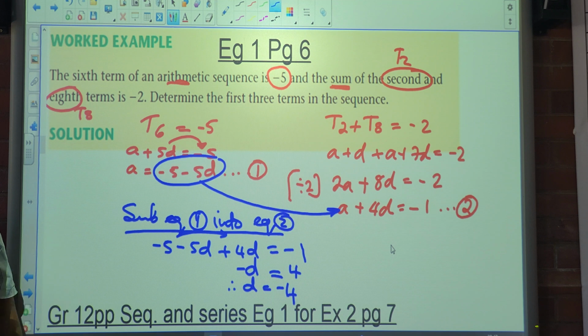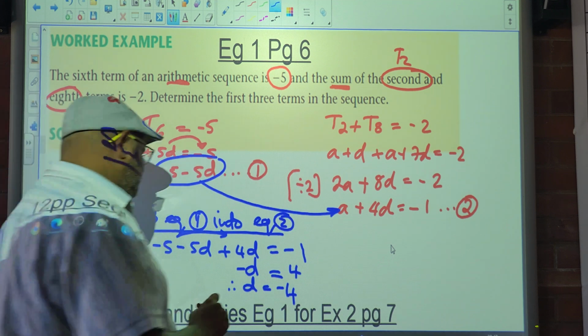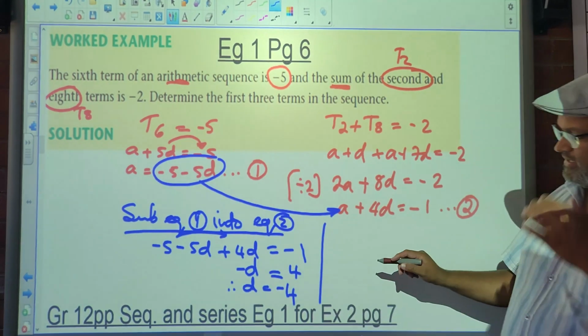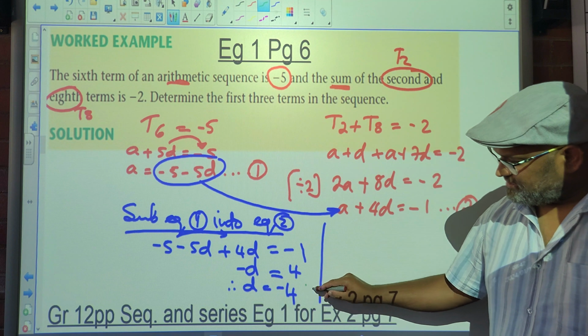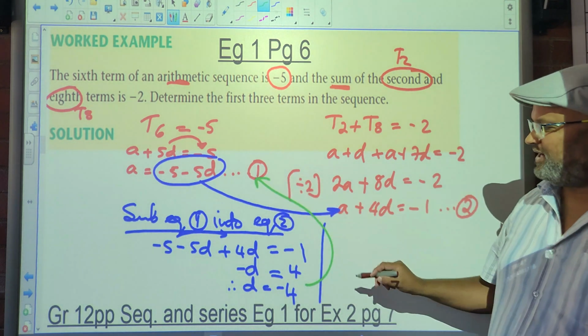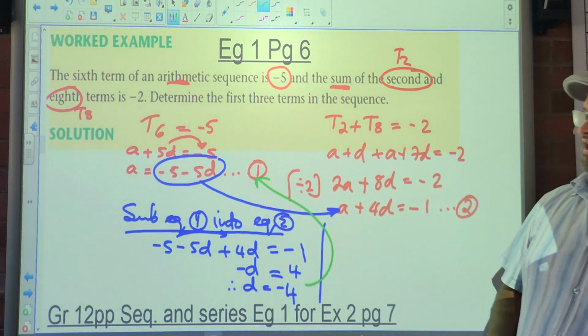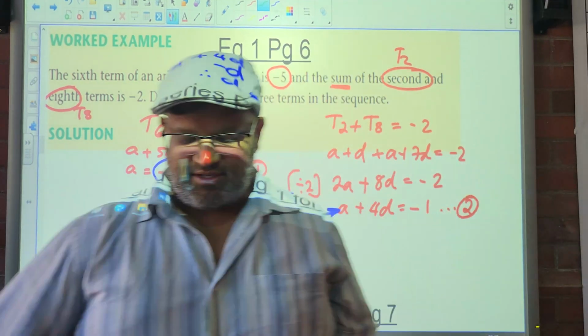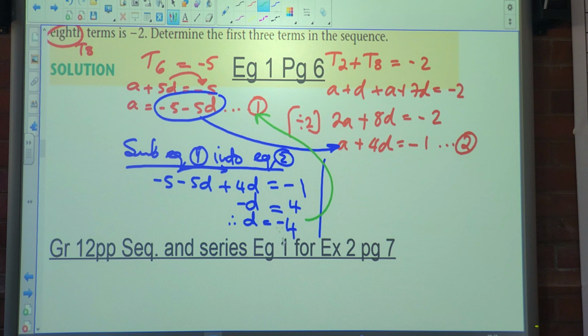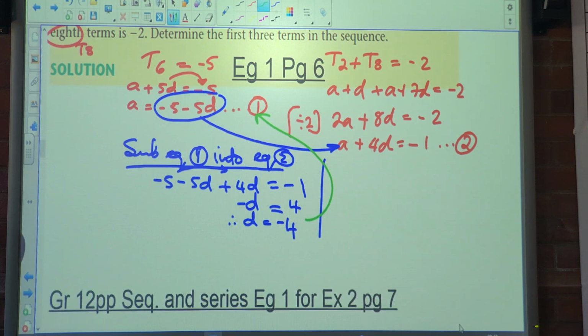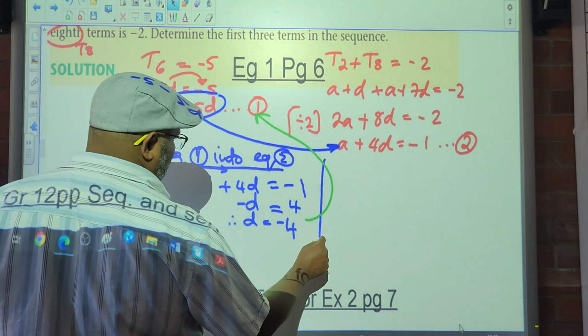Okay? See any confusion? Okay. So how do we calculate a? You substitute this negative 4 into equation 1. Why into equation 1? Because we already have a as the subject of the formula. If we had substituted into equation 2, it would have made no difference.